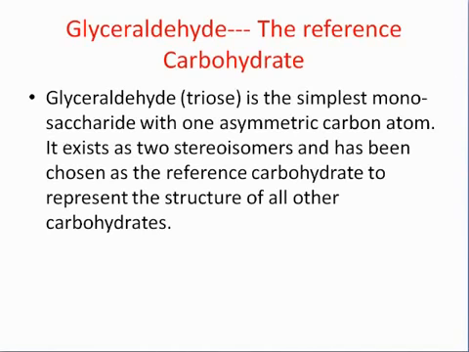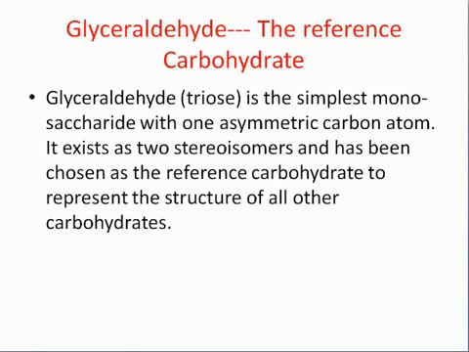Now let us study what is glyceraldehyde. Glyceraldehyde is generally known as the reference carbohydrate. Why? Because in the name glyceraldehyde you can see aldehyde, which means it is an aldose with 3 carbon units, so it is known as aldotriose.